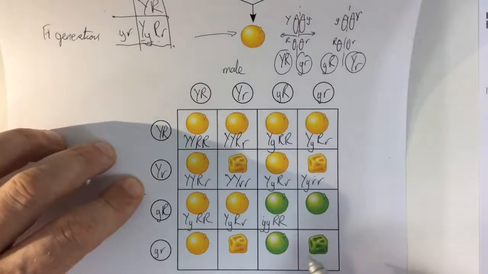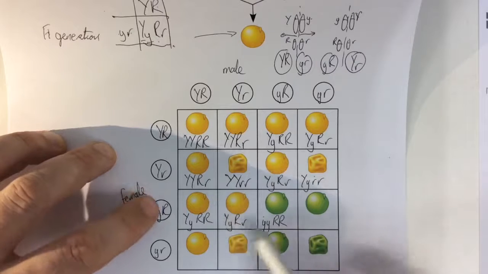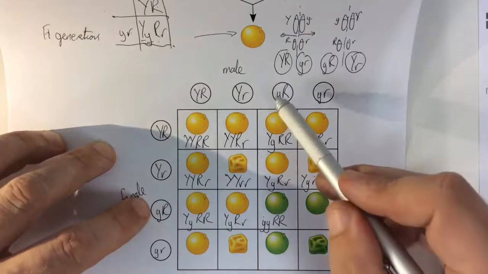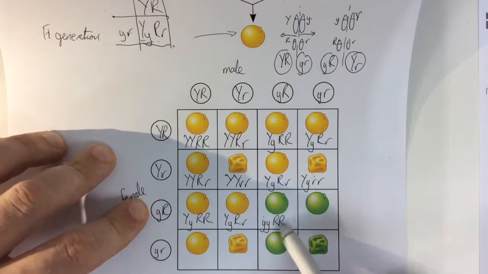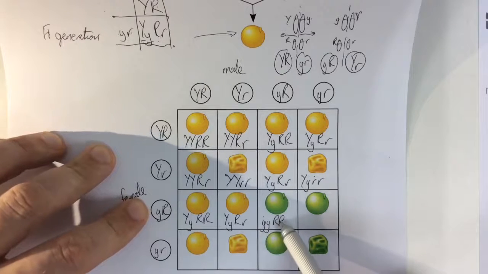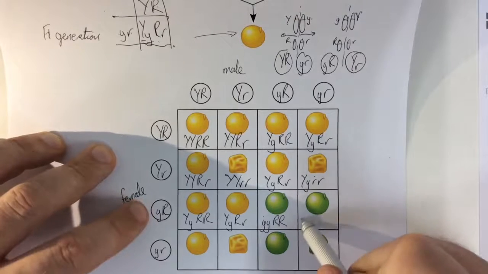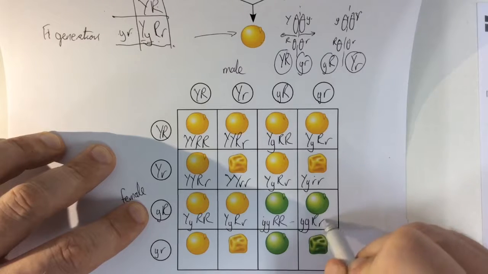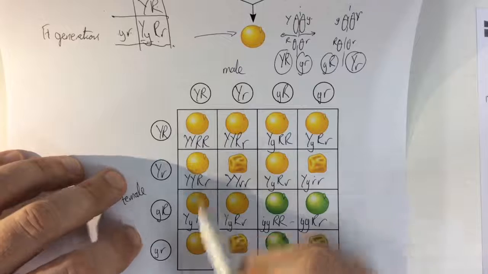All right, so I've done the majority of the dominant color characteristics for the yellows, and I've now got to one of the green seeds here. Little y is homozygous recessive for color, so we're going to get green, but we're still getting the homozygous round condition on this seed. So let's finish them off. We've got little y, and big R, little r, so still dominant for the texture.